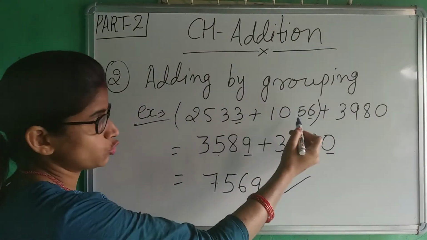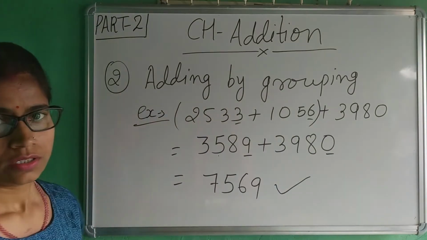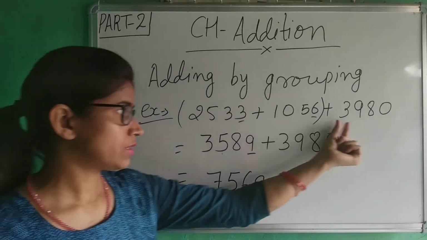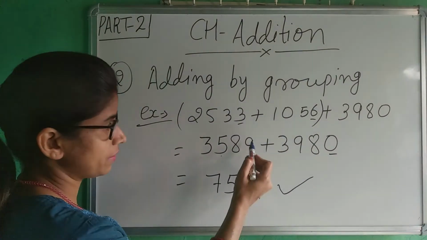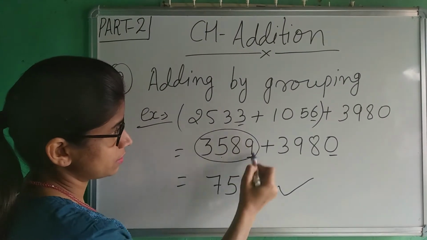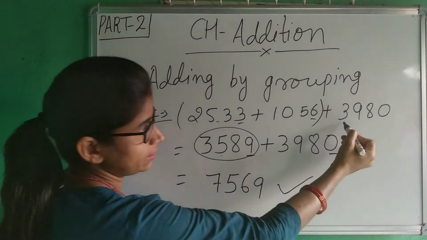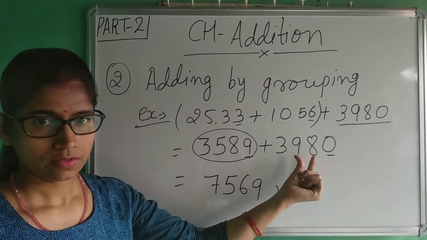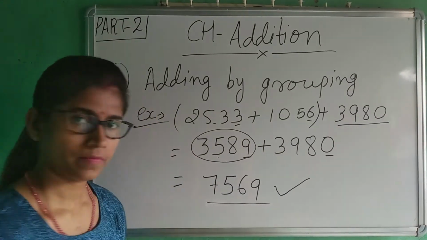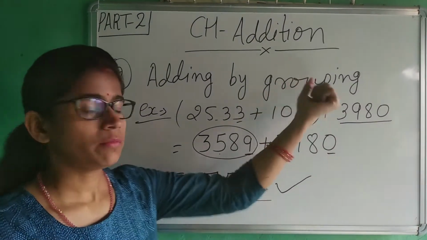I have grouped the first two numbers and added, and after that I added the last number to the answer, and you will get the final answer. This is the meaning of adding by grouping.